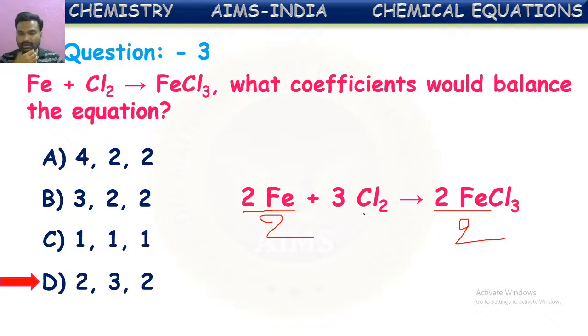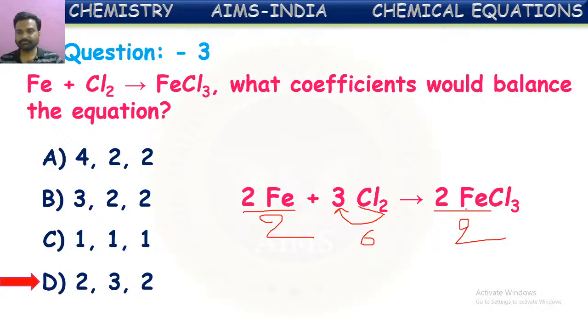Counting the number of atoms should be done very carefully, because in each molecule there are chlorine atoms too. This 2 should be multiplied with the coefficient in front. So 2 into 3, the total number of chlorine atoms is 6 on the reactant side. Here also it should be done very carefully.